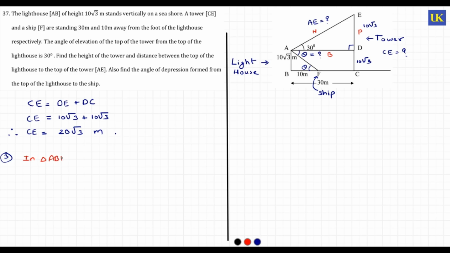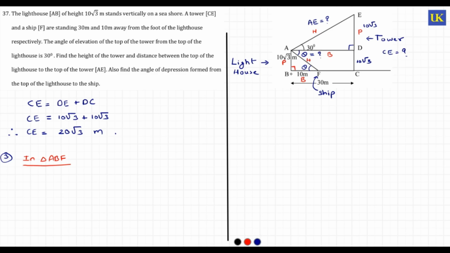So if this is theta, then the side adjacent to theta will be base, and the side opposite to theta is called perpendicular, and this will become 90 degrees, and the side opposite to 90 degrees will be hypotenuse. So this will be hypotenuse for this particular triangle.